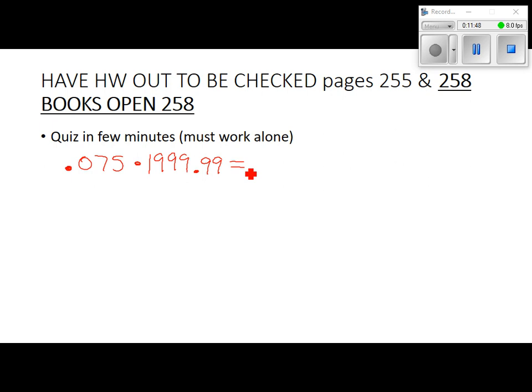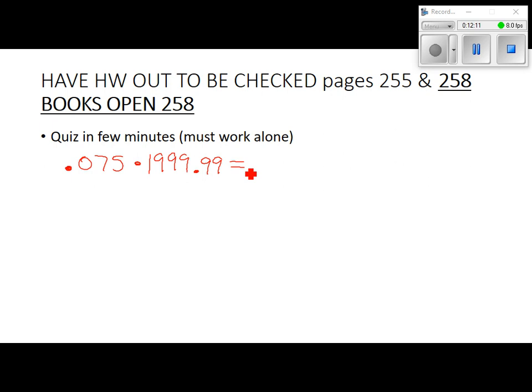Think of it this way. 7.5 means out of every $100, you pay $7.50 in tax. Out of every $1,000, just add a 0 to that. Instead of $7.50, you pay how much?